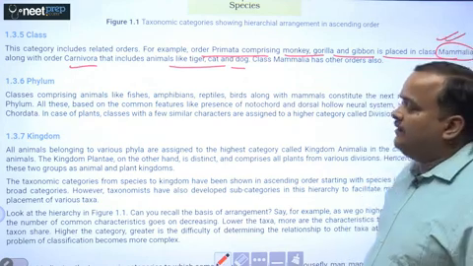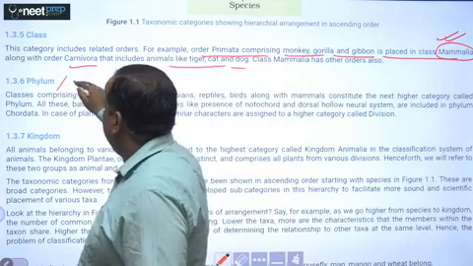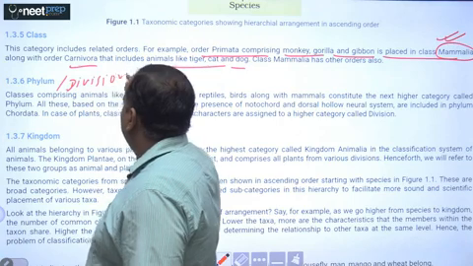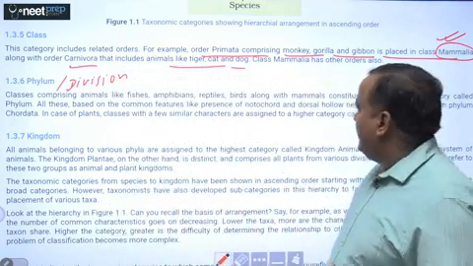Now then phylum. For animals it is phylum, for plants it is division. Phylum or division includes related classes.